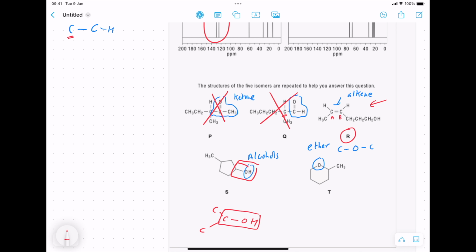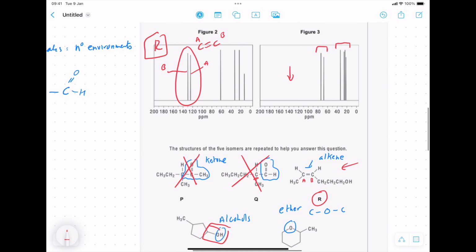So that would be a C-O bond, and that would give rise to one peak. However, in the spectra, we can clearly see there are two peaks in this region. So that suggests, just like with the alkene, there must be the presence of two C-O bonds. Otherwise, there wouldn't be two peaks. So two different, unique C-O bonds.